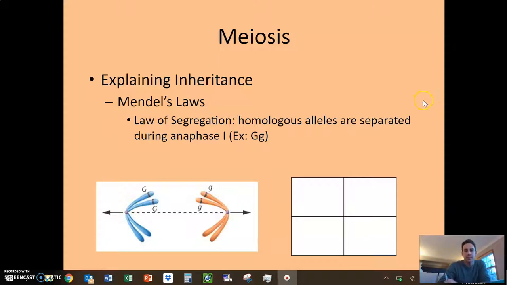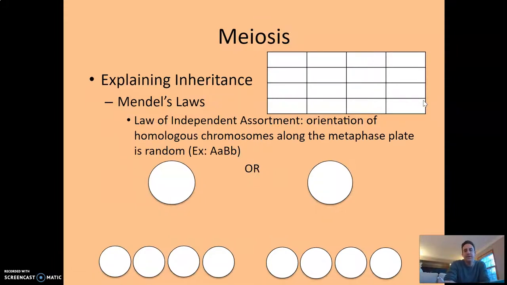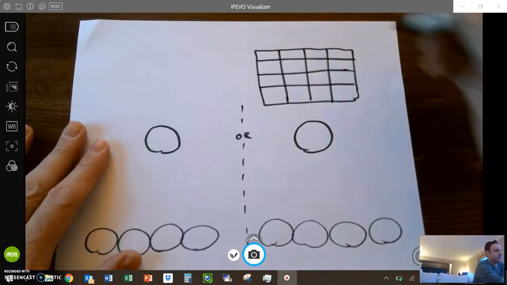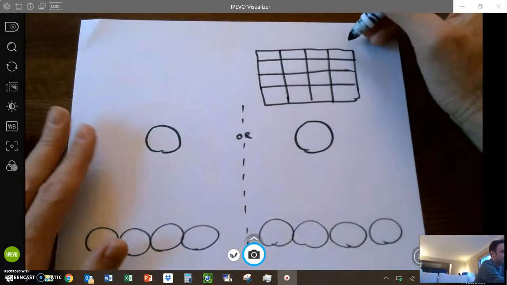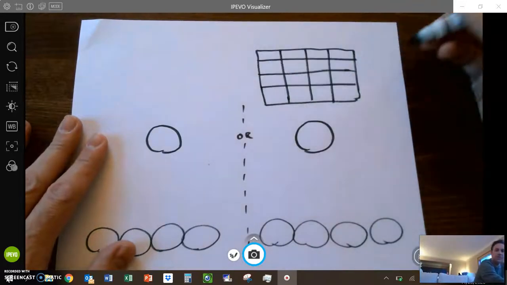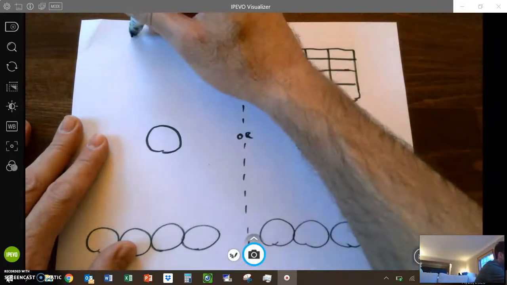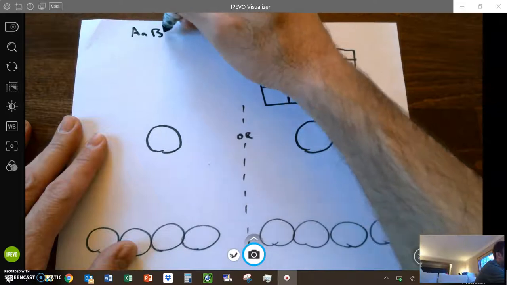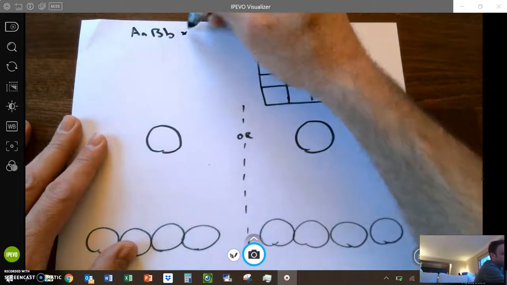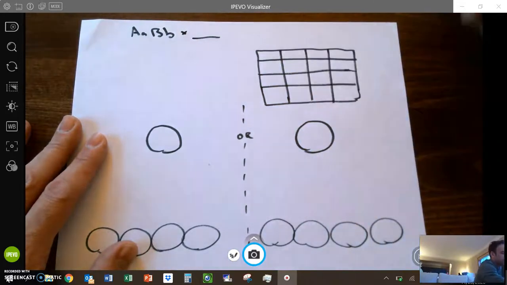Mendel's second law was the law of independent assortment. And we can explain this one as well, so let's do that. Let's just look at the top level of this giant motherlode Punnett square. Let's suppose we had big A, little a, big B, little b, and then the other parent doesn't matter. We'll just ignore the other parent.